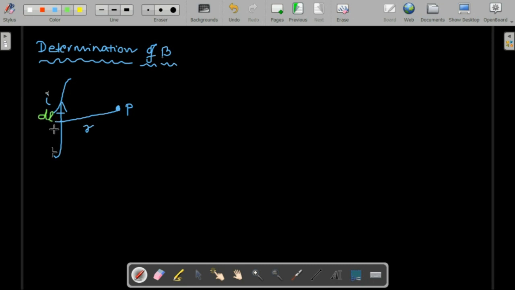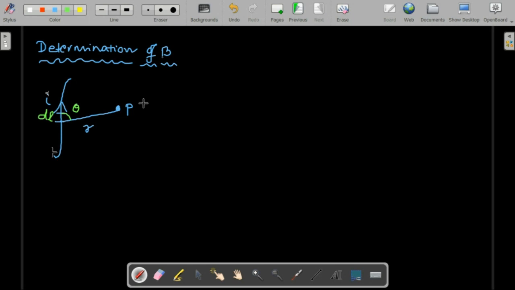First we find the magnetic field at the point P due to a small current carrying element, and let's say this makes an angle theta with the current carrying element. This is my direction, and this is my small current carrying element.